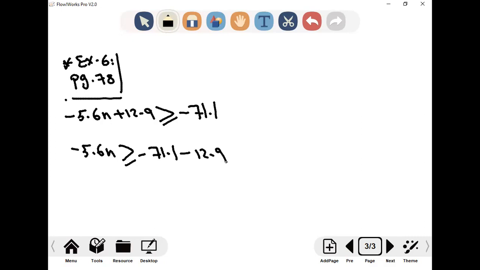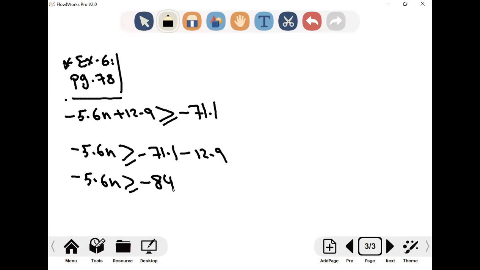So negative 5.6n more than or equal negative, are you sure? Yeah, negative 84. Now what's the next step? To divide, right? To find the value of n, we need to divide both sides by what?